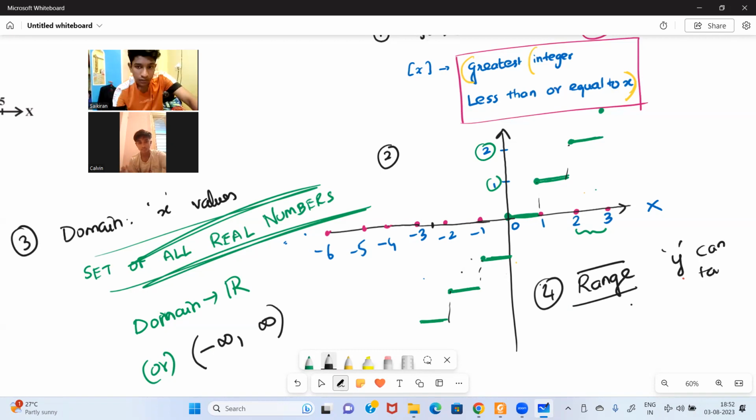Yes, the values that are taken on the y-axis. No, the values which x is taking is domain. The values which y is taking is range. We are talking about range now.